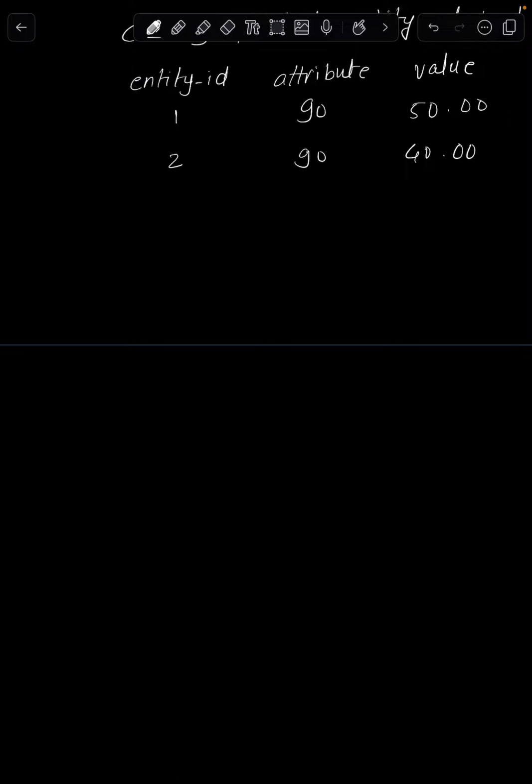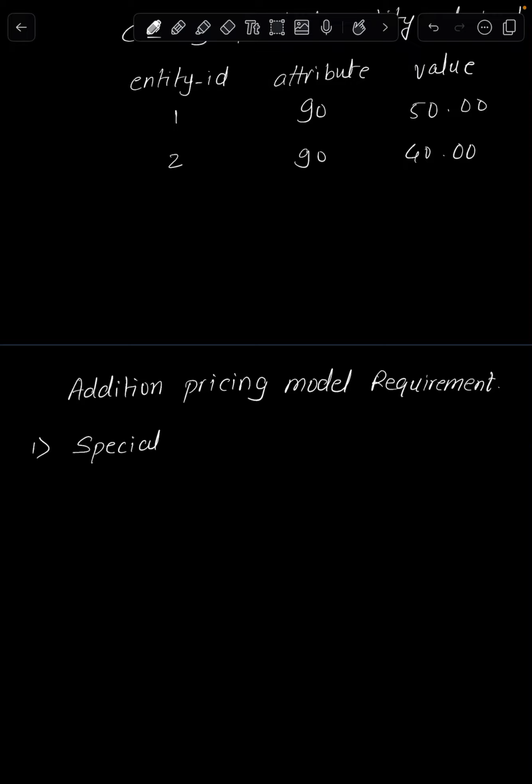And in fact, let me jot down all the requirements here, right? These are the additional pricing model requirements. Let's first talk about special prices. There are two aspects to special prices.